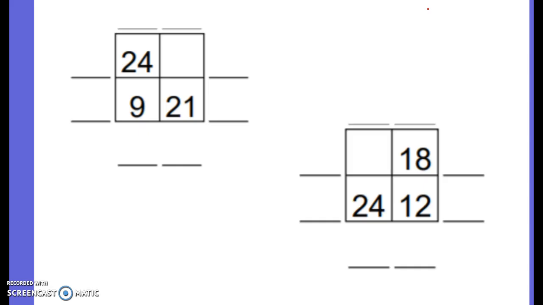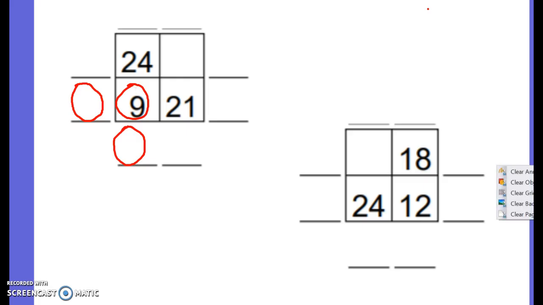So factor puzzles are really just little multiplication boxes, essentially. The way these work is the corners are the most important thing. If we look at this one here, this number times this number should always equal the corner.